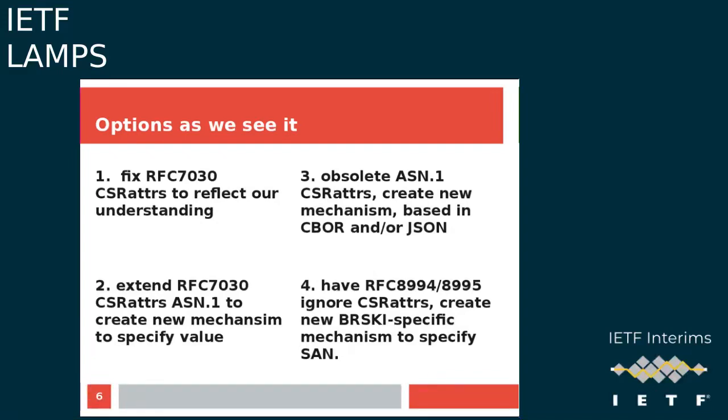Max? Sorry, I didn't have anything to comment. I've taken my hand down. Okay. Michael? It sounded like Deb was suggesting there's a whole bunch of other fixes in 7030 that some people would like to do, and so that gets into the 7030 BIS, which I think is probably okay, maybe not a whole bunch, she says, but just that one.